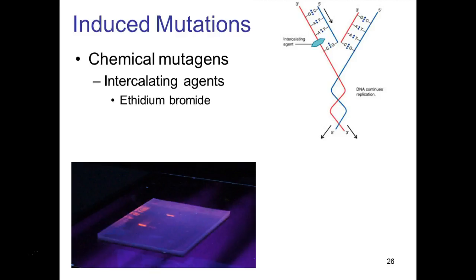But we didn't use ethidium bromide. Why not? It's an intercalating agent. It binds to DNA. So if it binds to your DNA, when your cell goes to copy the DNA, remember spacing is important, right?